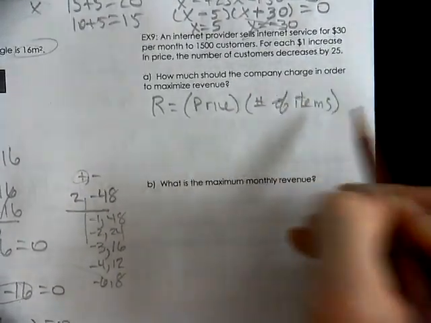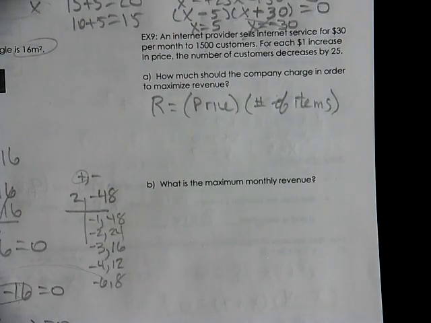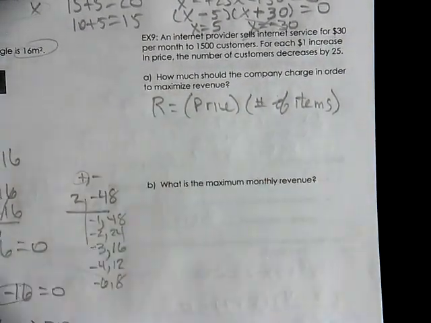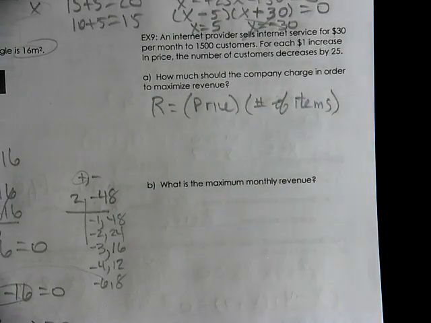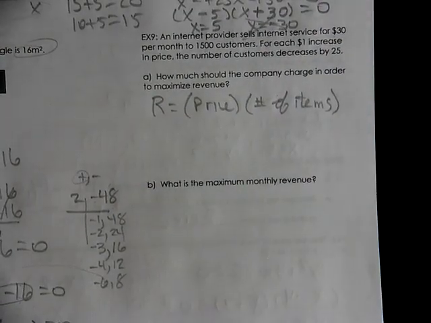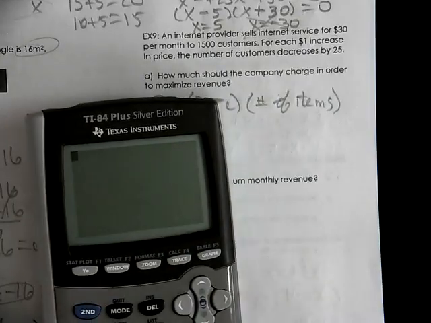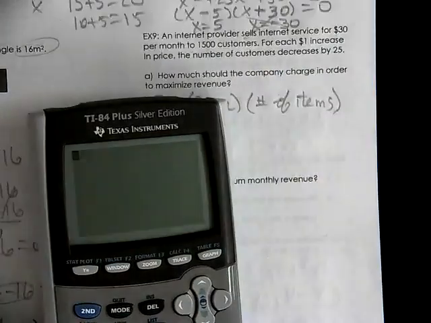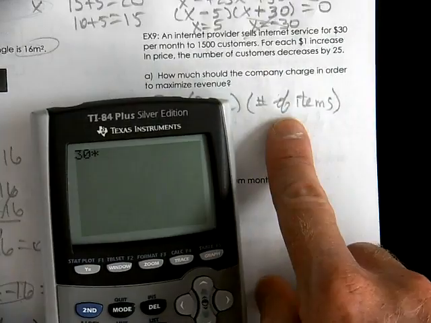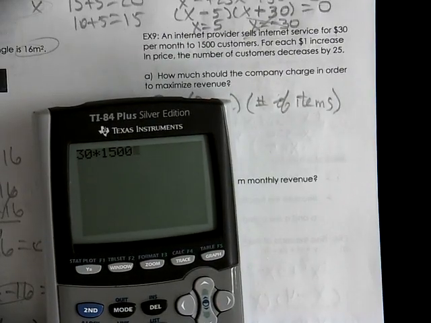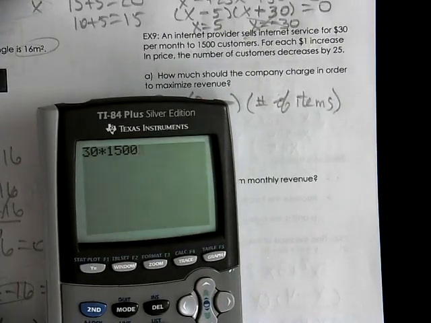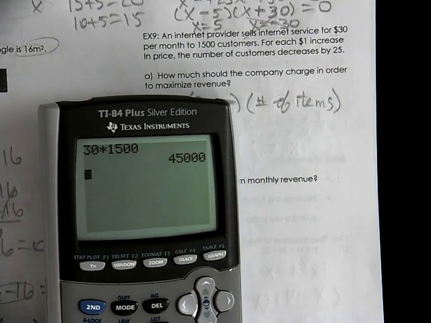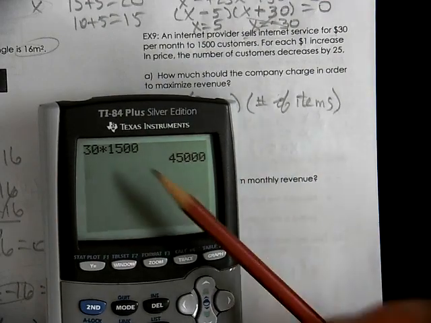In this case, it's the number of customers. So we're looking for 30 as our price and 1,500 for our number of customers. That's giving us $45,000. That's pretty nice. $45,000.